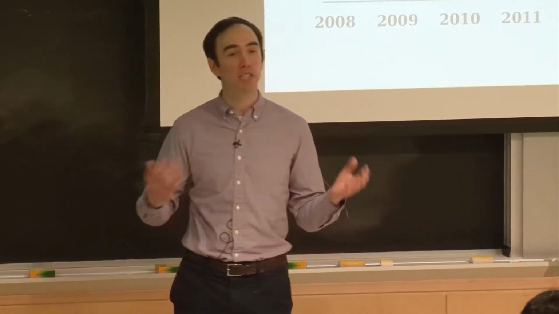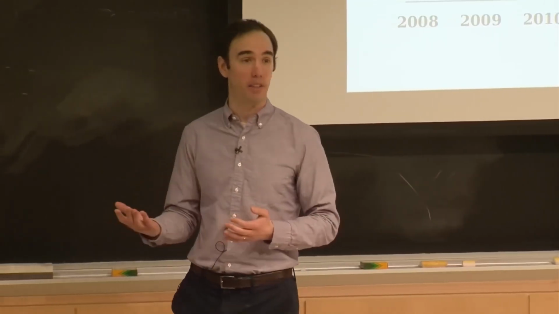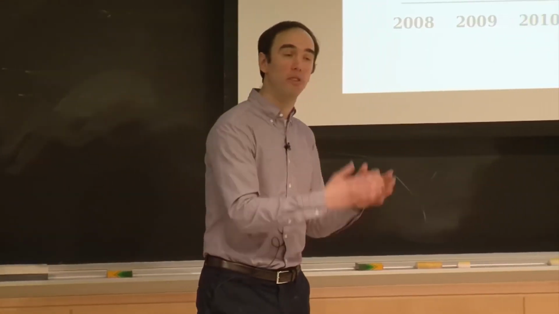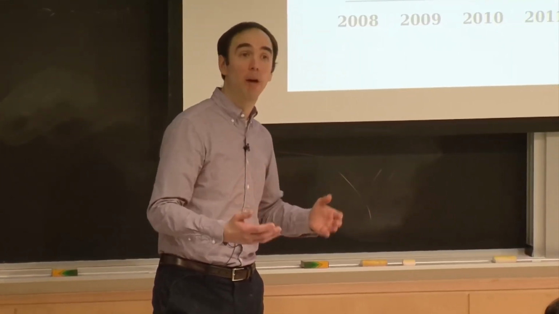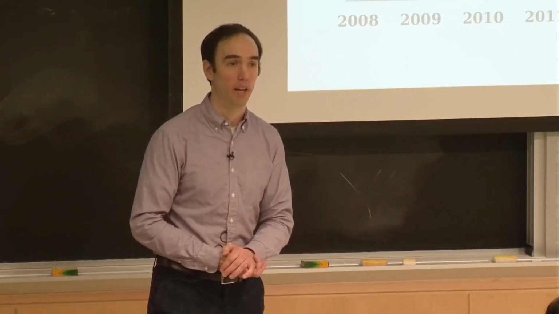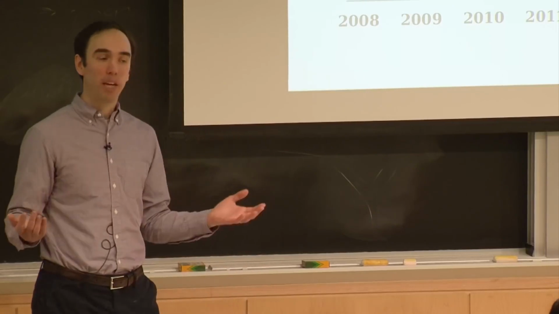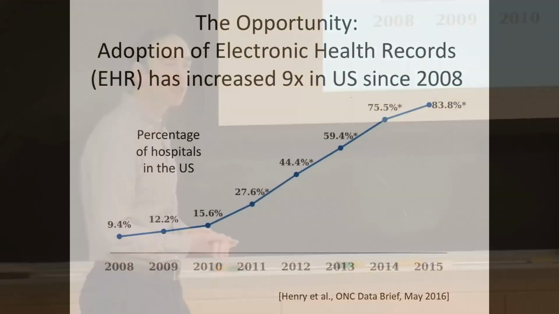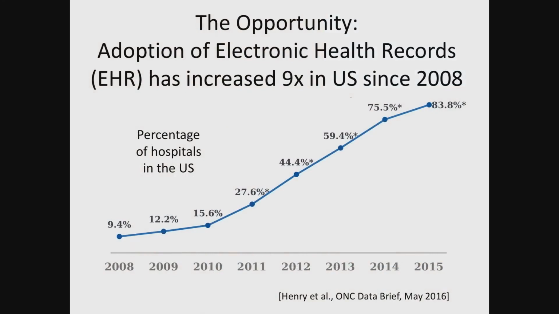And this is already a first example that we see of policy being really influential to open the stage to the types of work that we're going to be able to do in this course today. So money was made available as incentives for hospitals to purchase electronic medical records. And as a result, the adoption increased dramatically.